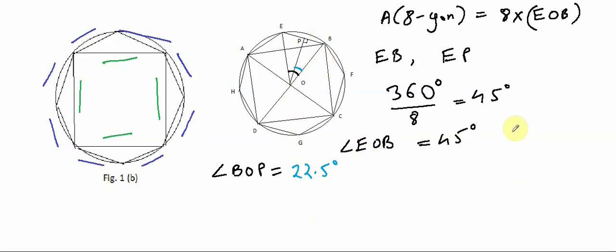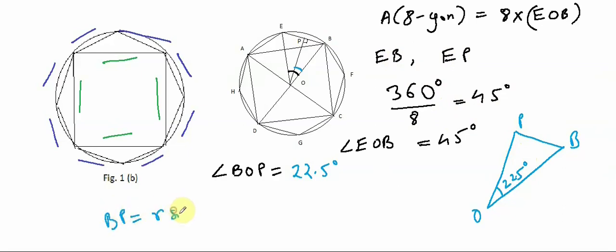Now in this triangle, OPB, this is 22.5 degrees, and we need PB, which is half the base. So PB turns out to be, one can apply trigonometry, R sine 22.5 degrees.